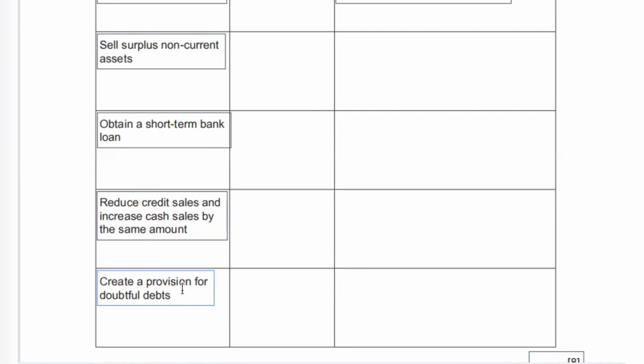So if less profit goes in the statement of financial position under the capital column, there will be less closing capital. By creating provision for doubtful debt, the working capital will decrease. Trade receivables will also decrease as provision reduces the trade receivables. So current assets will also decrease, but there will be no change in the current liabilities.